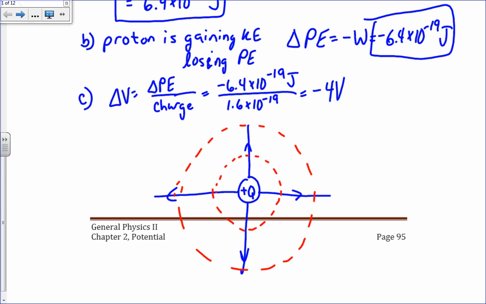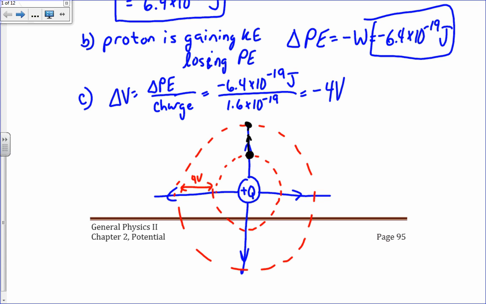And these are going to have a potential difference between them of 4 volts. So my proton is going to move from here, in this direction because it's repelled from that plus Q, up to here. It moves through a potential difference of 4 volts.